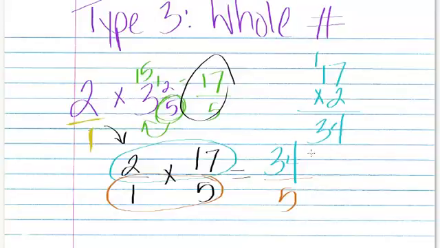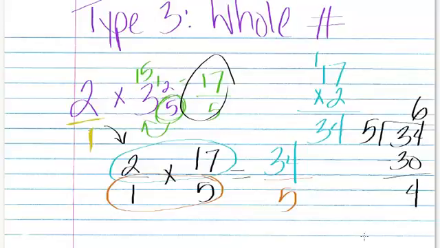If I can reduce, I should. So I'm going to put 34 in the box, divided by 5. I know that the closest I can get to 34 is 6, because 7 times 5 is 35. So 6 times 5 is 30, and I subtract, and I have 4 left over. I do not want a decimal.